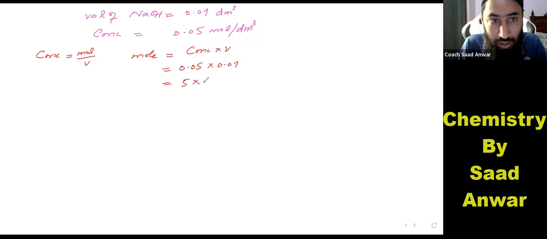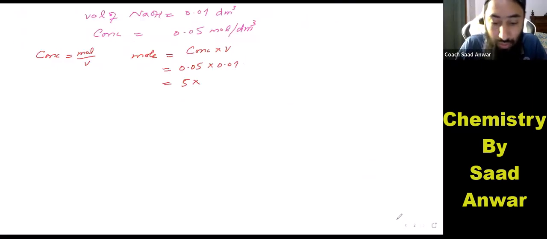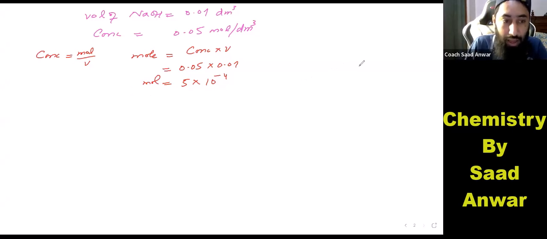So when I solve this, 0.01 times 0.05 gives 5 into 10 raised to power minus 4. This is the number of moles.